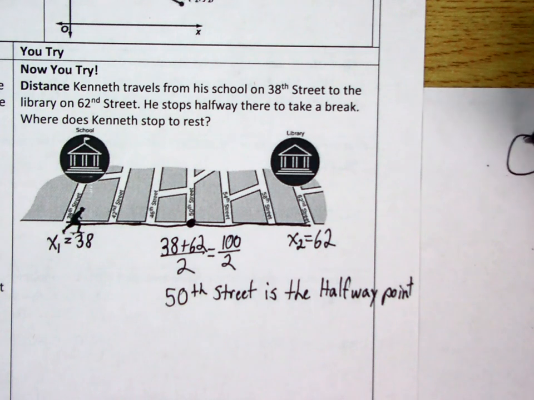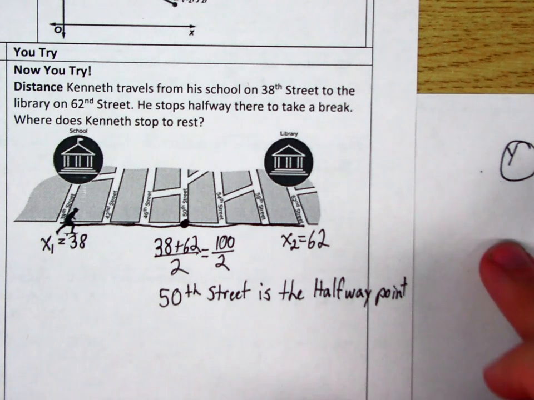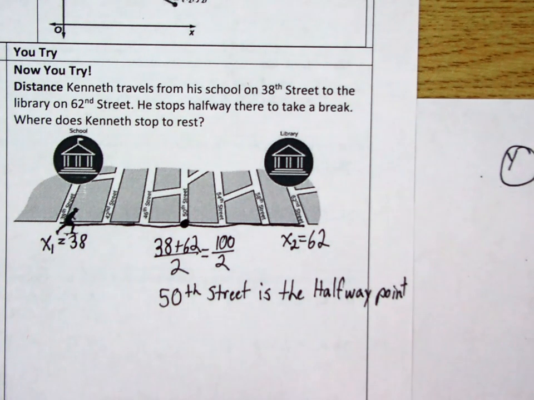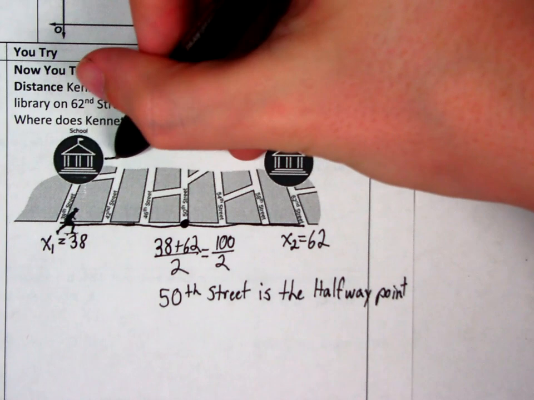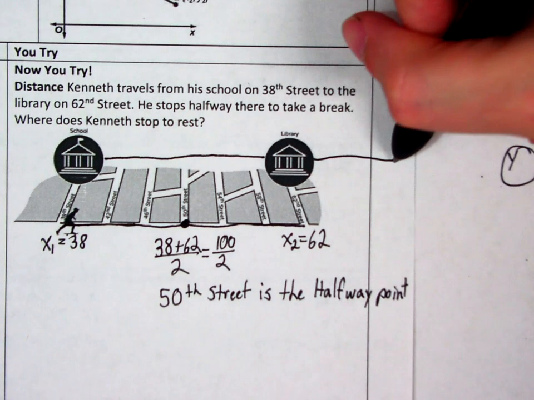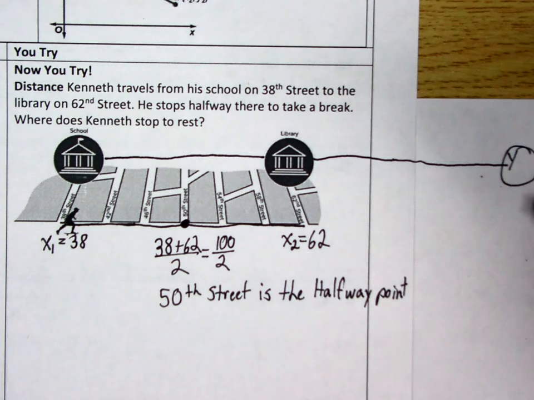All the way over here. Here's the Y. Now, I've not given a location for where Kenneth's YMCA is, but I could tell you that Kenneth takes a break on his walk at the library, and that the library is the midpoint between the school and the Y.